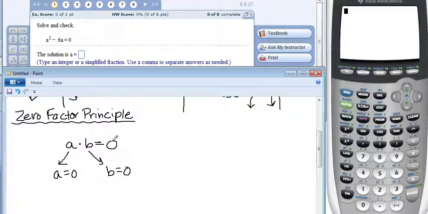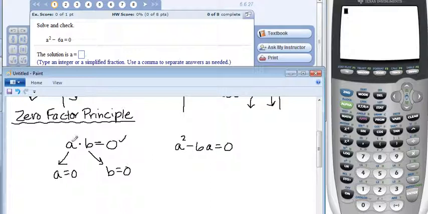All right, so let's take a look at what we have up there in problem number 1. We have a squared minus 6a is equal to 0. So I'm looking for an a, up to 2, there could be 0, 1, or 2 answers here, that if I plug the number in here, I'm going to get a 0 back out. Well, I don't know how to do that. I can't eyeball it. So what I'm going to do is use this principle here.